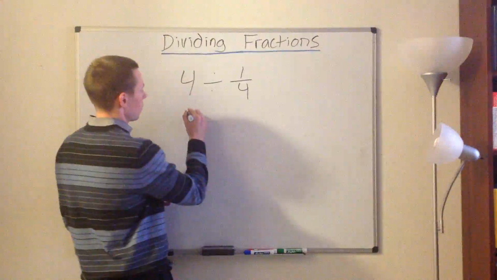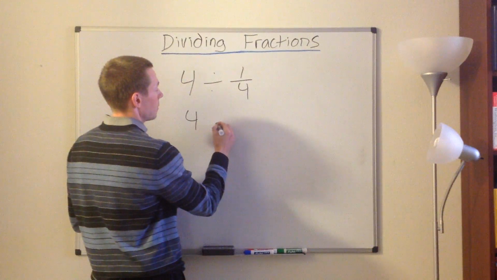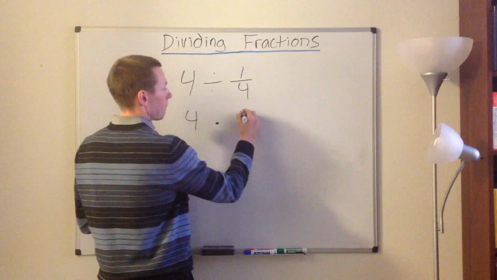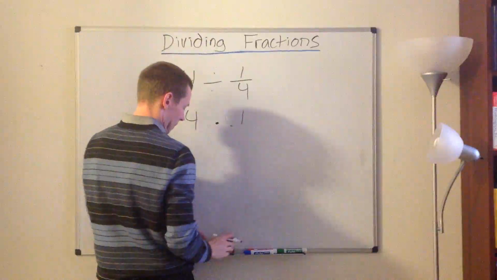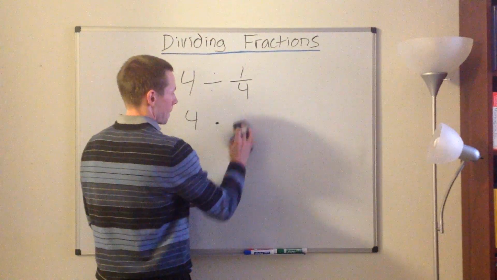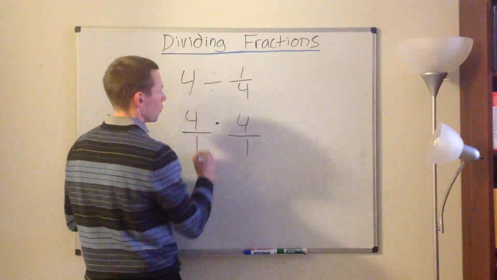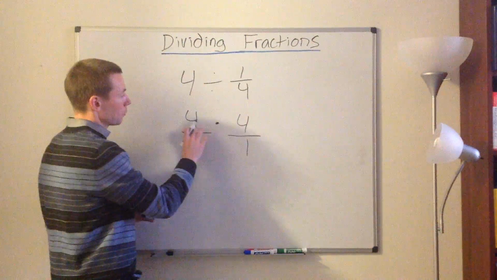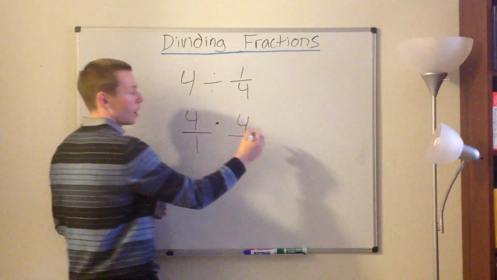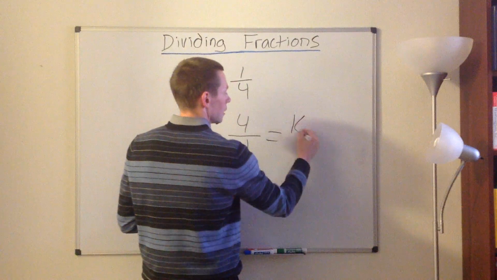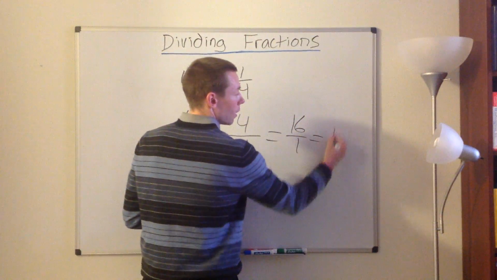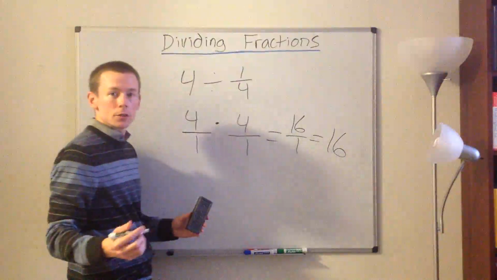Well, 4 divided by 1/4 would be multiplying by the reciprocal. So 4 divided by 1/4 becomes 4 over 1 times 4 over 1, which equals 16 over 1, which equals 16.